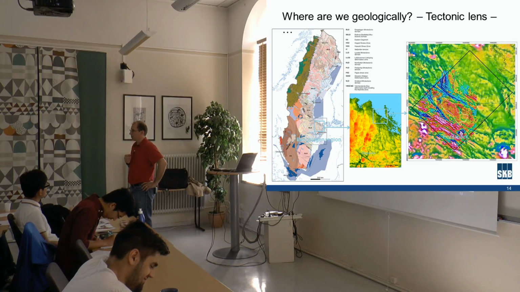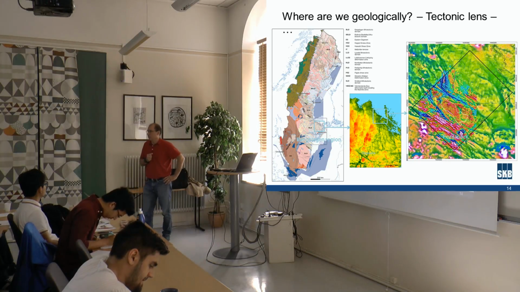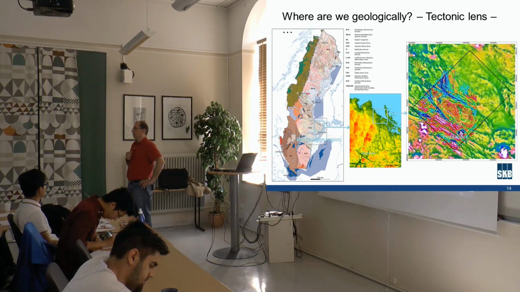500 meters. Okay, so that's like the map of the surface. More or less, it shows the surface, some 100 meters down. But the knowledge about deformation zones and their style tells us that they are going deeper.